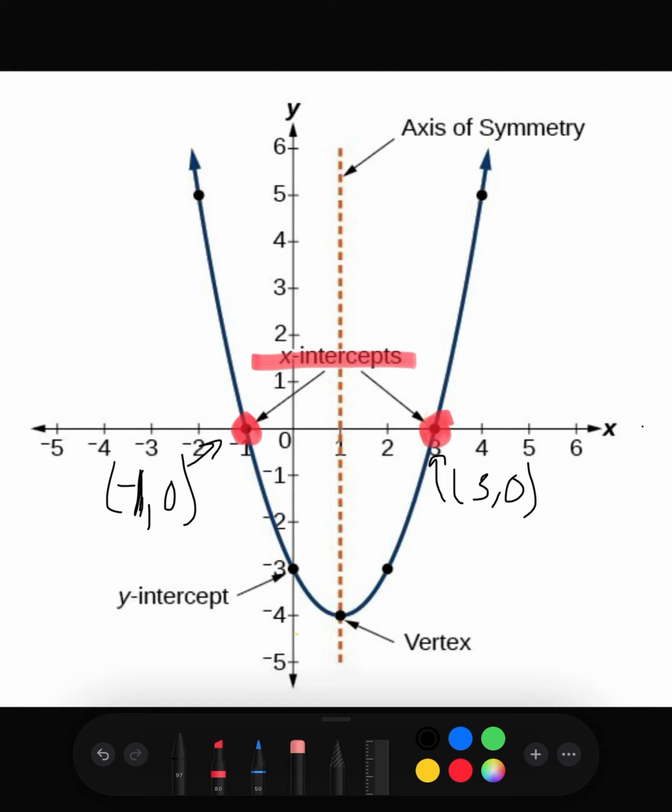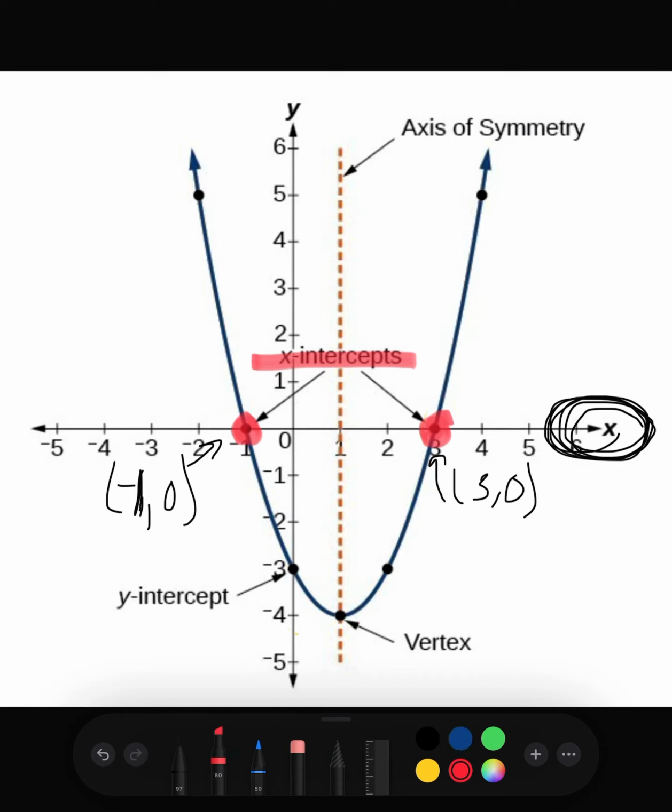These are where you cross the x-axis. So where your parabola crosses the x-axis, those are your x-intercepts. And those are valuable sometimes in word problems. They're really valuable when we're graphing. And they are valuable in that we know they're related to the quadratic formula. When you get the zeros of the quadratic formula, those are the x-intercepts.